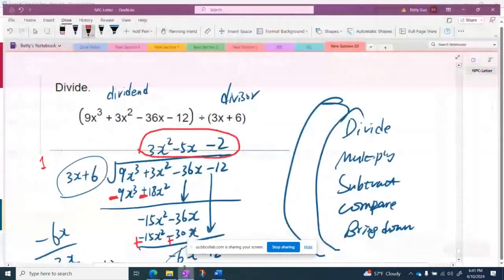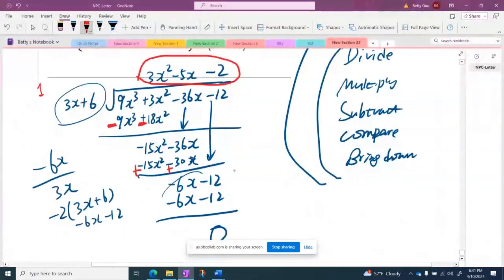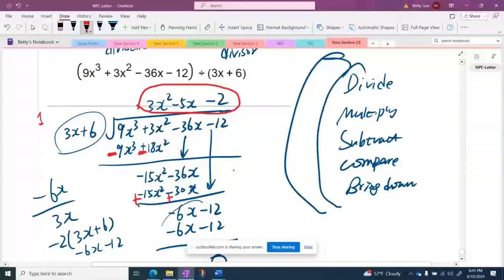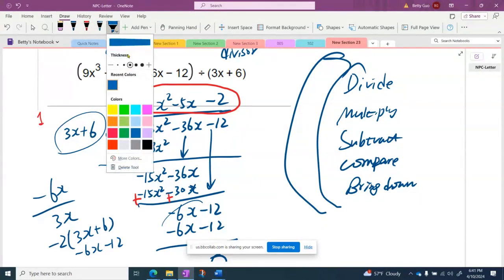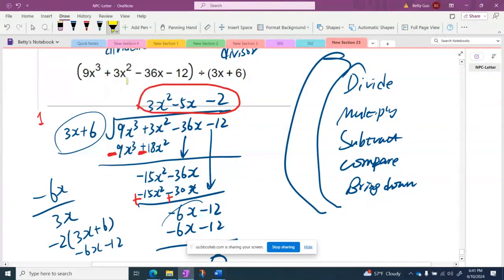And let me know, do you have any question about long division? I actually recommend you rewatch the part from Monday's recording because it takes time. And let me show you long division, very organized. So as you can see, the yellow column is x cubed.